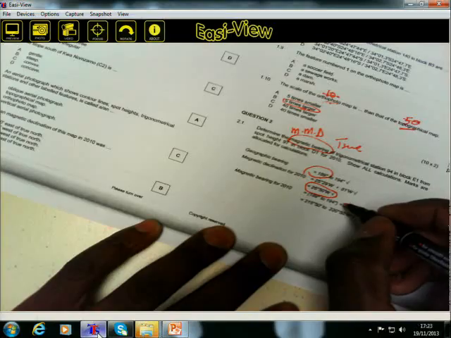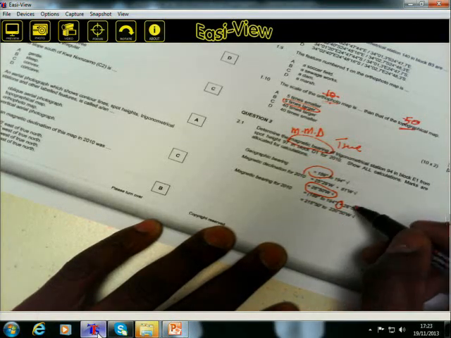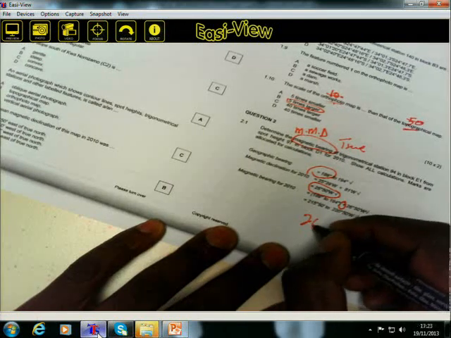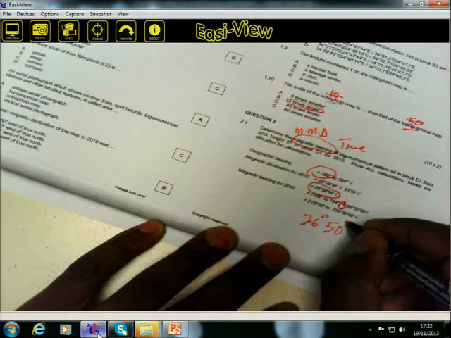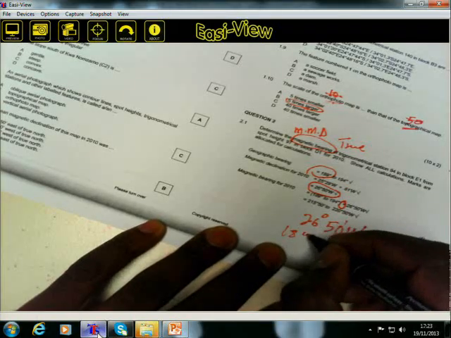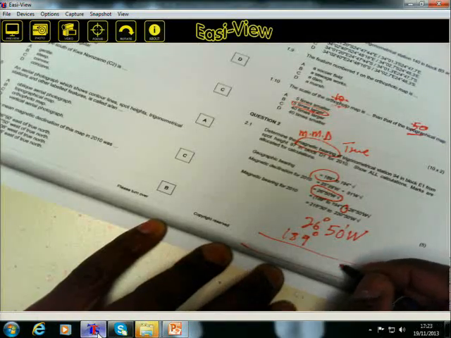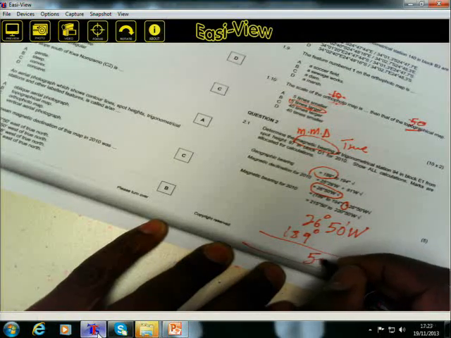But very important, what did they do? They added the 2 to say 26 degrees 50 minutes west and 189 degrees. It's worrying me because I've got many questions around this.